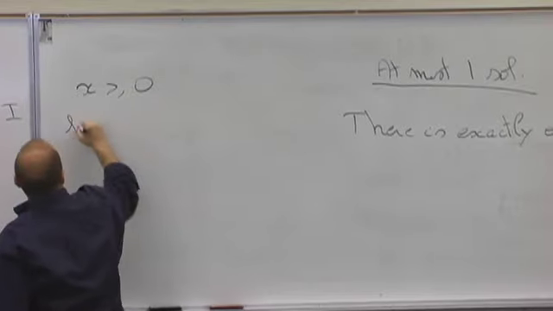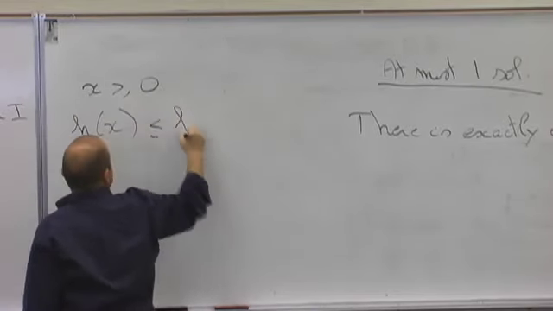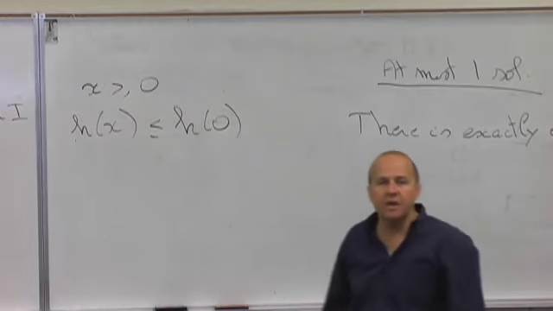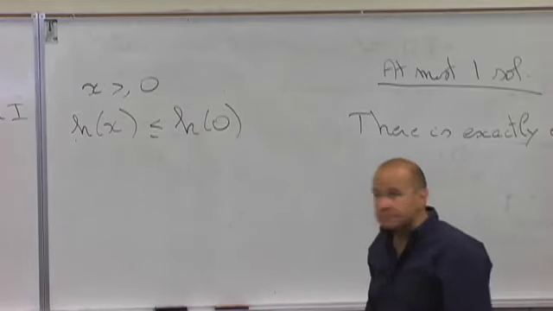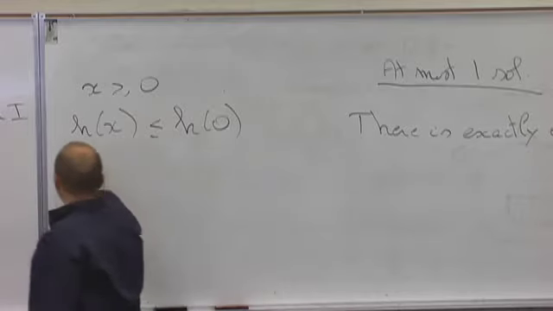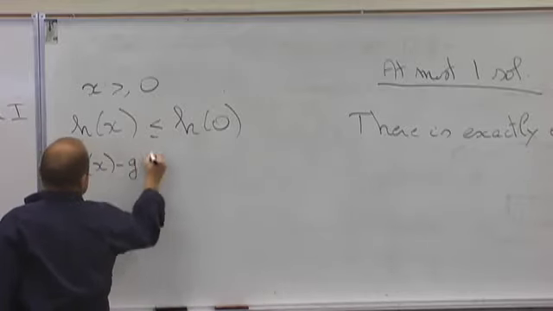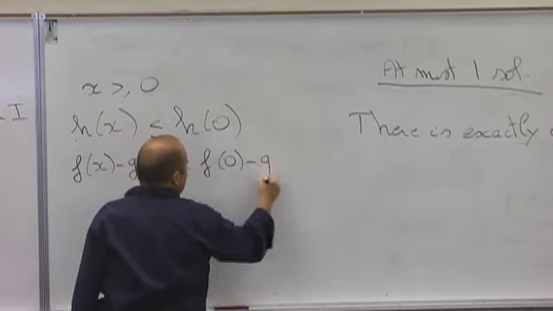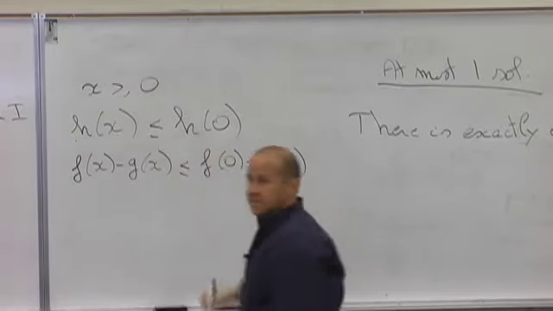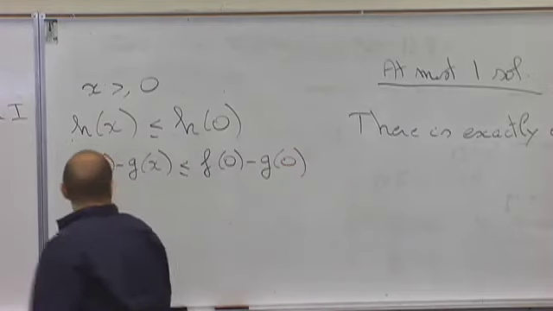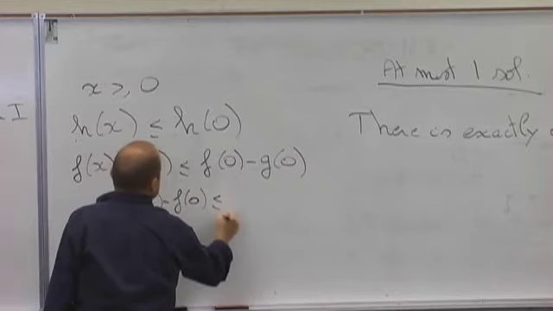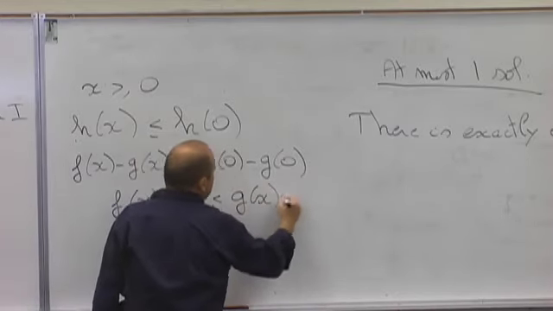So if I take x positive, then h of x must be less than h of 0, by application of decreasing. h of x is f of x minus g of x, and h of 0 is f of 0 minus g of 0. So that's how we get this inequality. So we can write that f of x minus f of 0 is less than g of x minus g of 0.